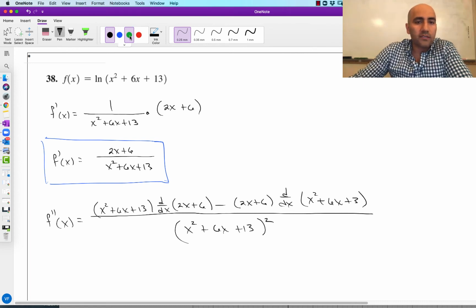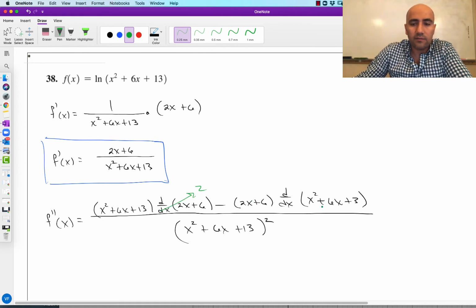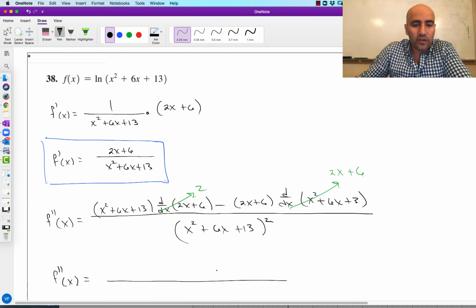Okay, so let's find these derivatives. This derivative is easy. It's just going to be 2. That's nice and easy. And the derivative of this is pretty easy as well. That's just going to be 2x plus 6. So the second derivative with respect to x is equal to this giant fraction.